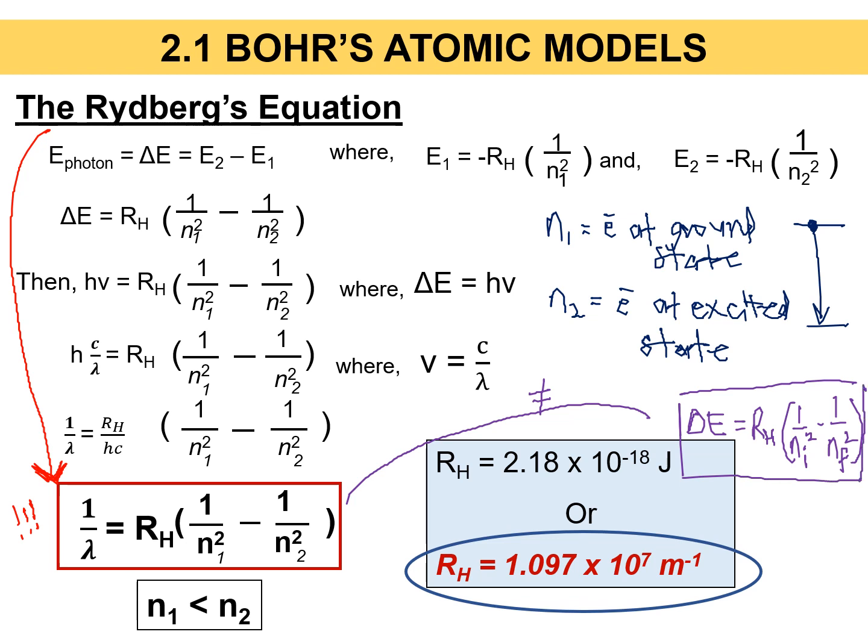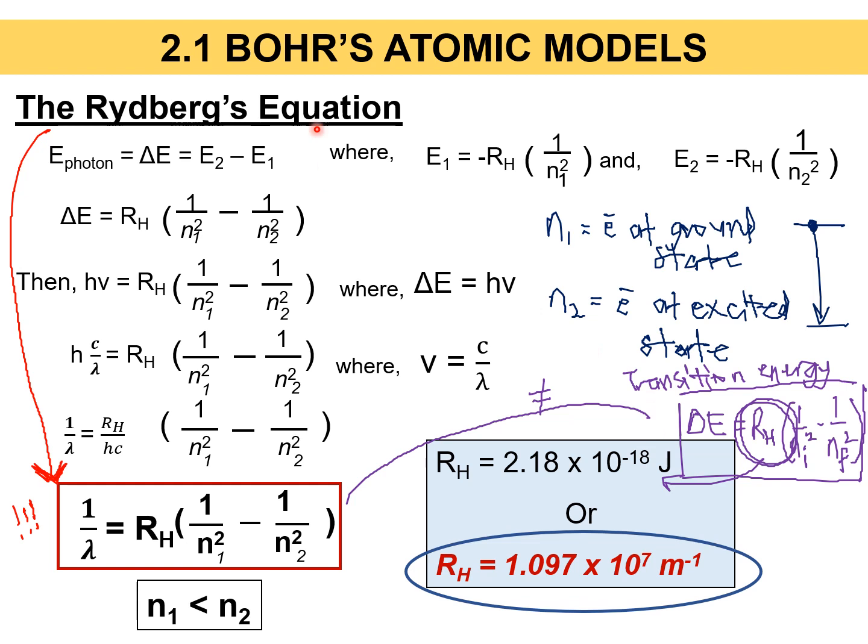If you nak cari transition energy, you kena guna this formula. And the Rydberg constant for the transition energy formula, RH will be 2.18 times 10 to the power of negative 18 joules, because you want to find the transition energy.